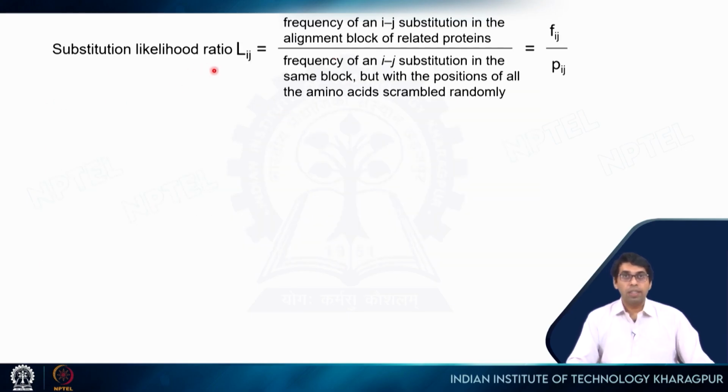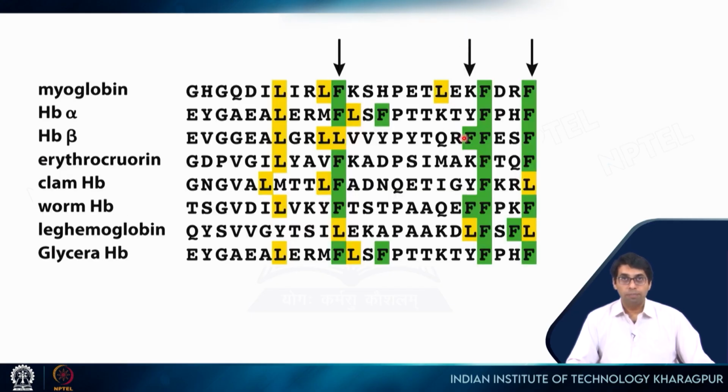So, the substitution likelihood ratio: i and j are the 2 amino acids, so it will be phenylalanine and leucine. It is given as the ratio of the frequency of an ij substitution, so substituting L with F or F with L in the alignment block of related proteins. So, this is my alignment block.